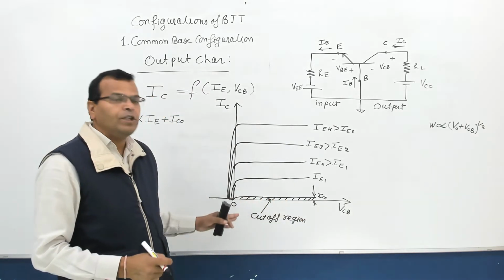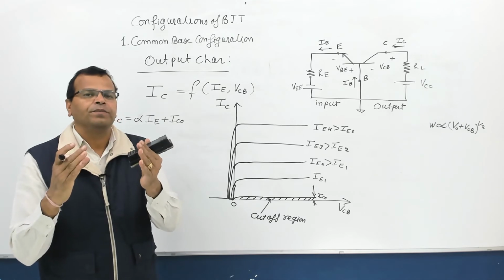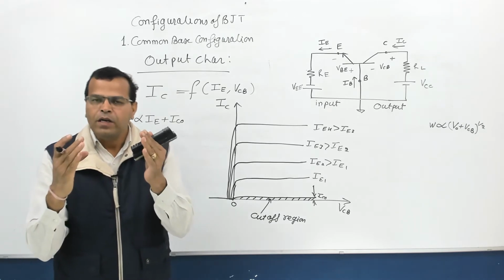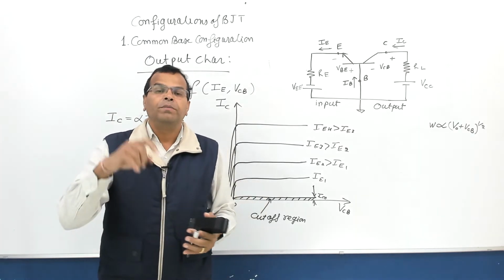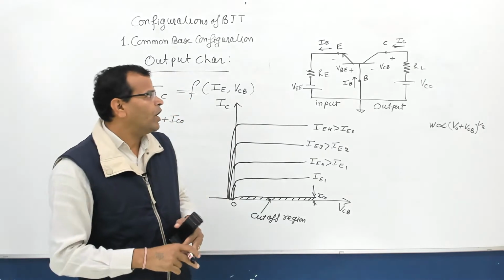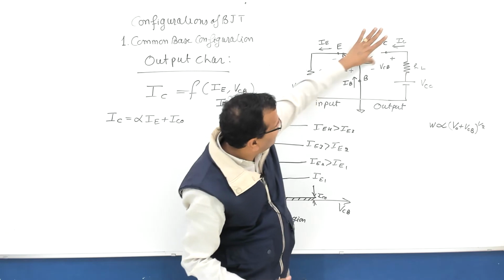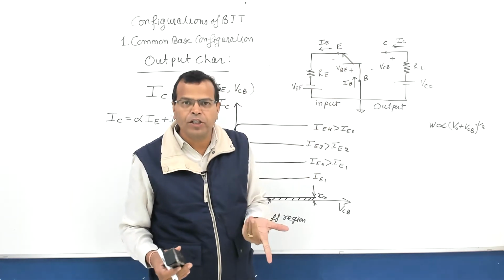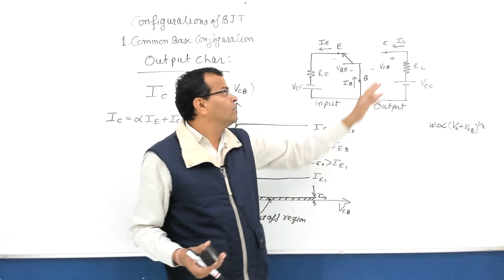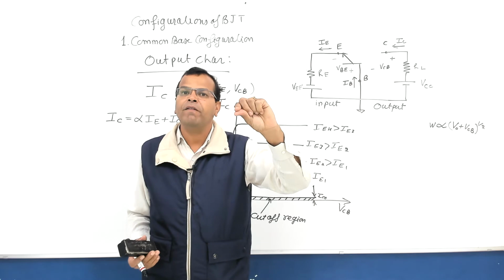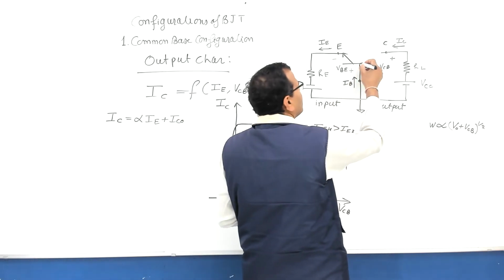That region of operation in the output characteristic is called the cutoff region of BJT. In the cutoff region, the BJT behaves like an open switch. Why open switch? If current is becoming 0, it is behaving like open here. There is no current in the junction. The current in the junction is of the order of microamperes, nanoamperes. So I am saying your BJT is behaving like an open switch in the cutoff region. Fine. So please do remember this.